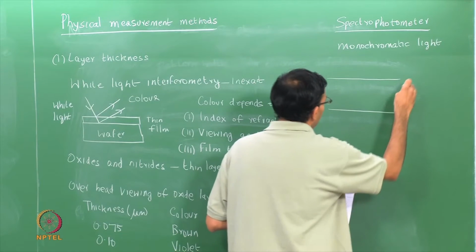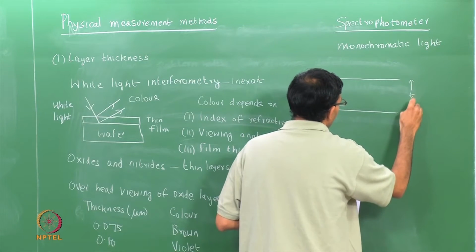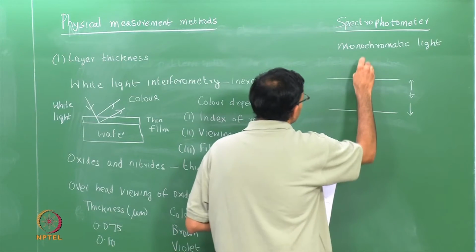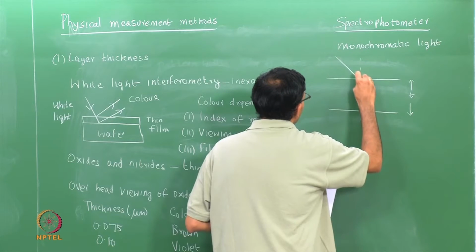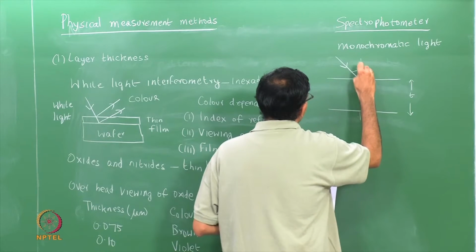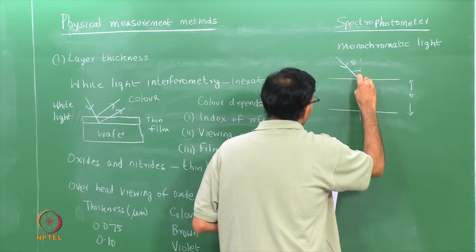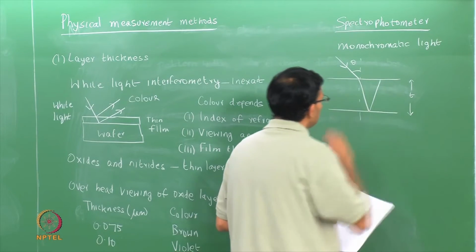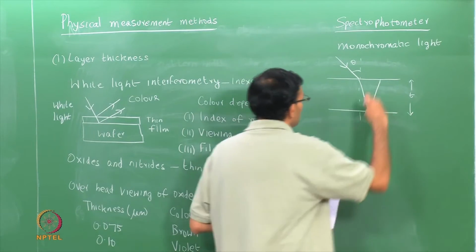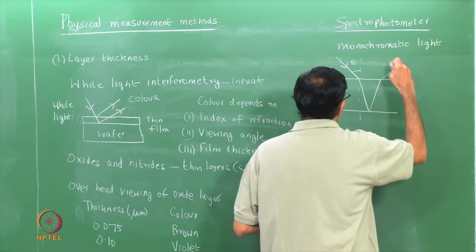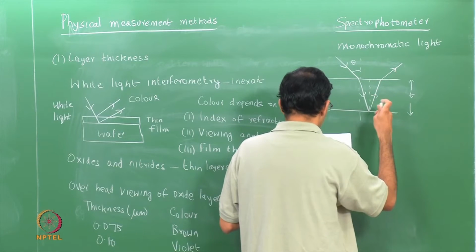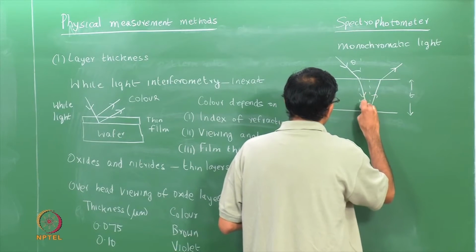So, here you have an example of a film of some thickness T. Light falls on this at some angle theta. The light gets refracted, where it gets reflected from the bottom surface and then once again undergoes refraction. This angle is theta prime.